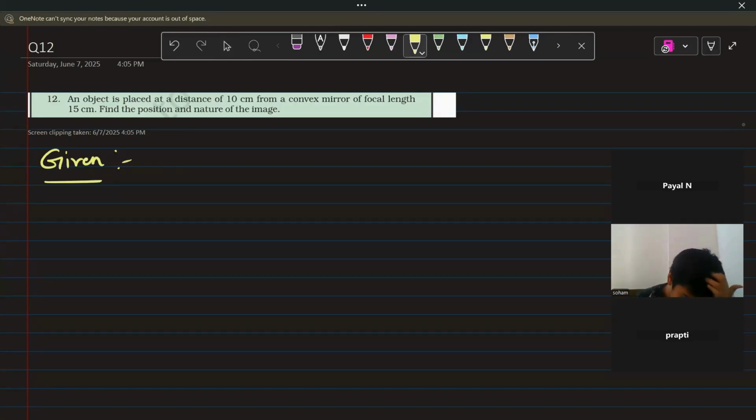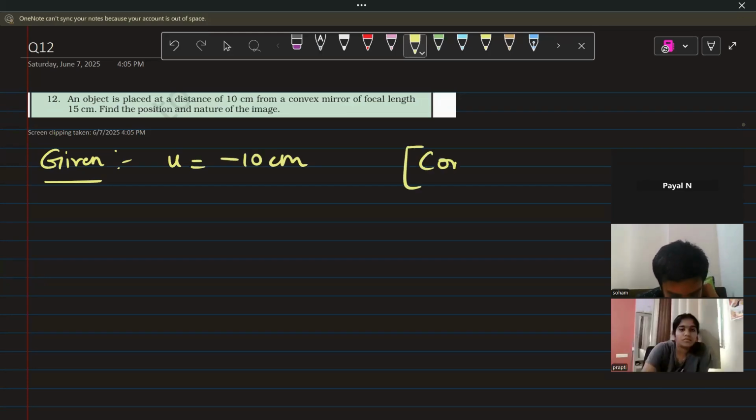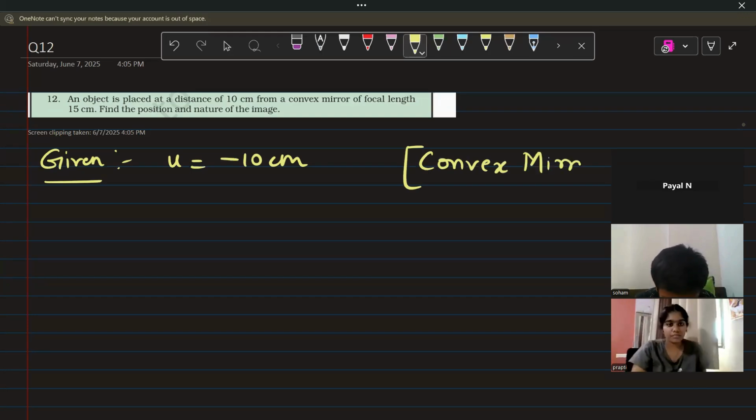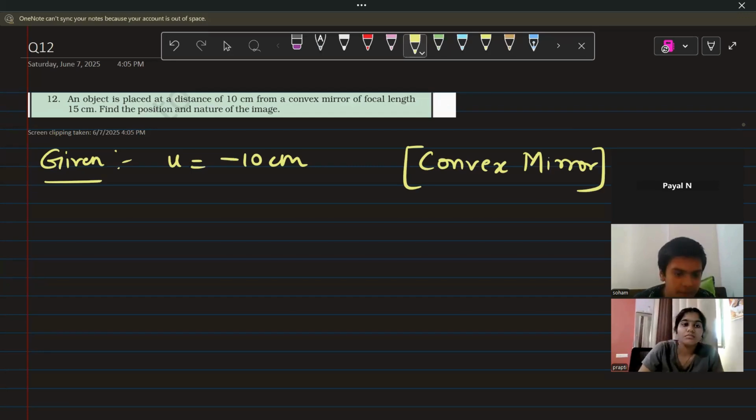Ma'am, u is equal to -10 and focal length is equal to 15. f is equal to... Focal length will be plus or minus? Ma'am, plus. Plus.